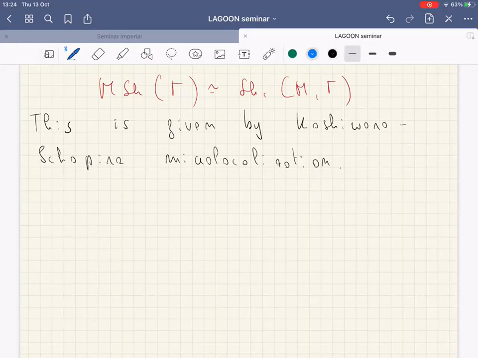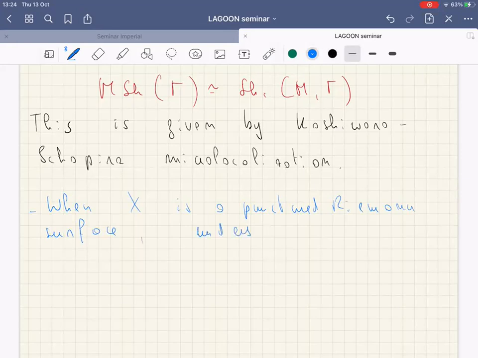So when X is a punctured Riemann surface, understanding this sheaf F, the sheaf on the skeleton, reduces to the following.